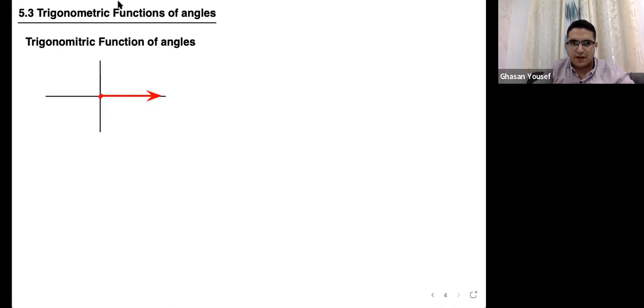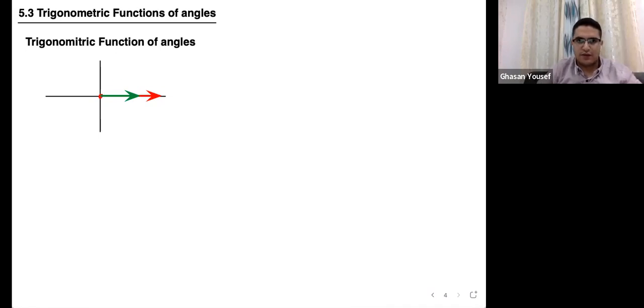So the first angle, suppose it's the 0 angle. The 0 angle should be something like this. This is the 0 angle. Again, the red one is my initial side, and the green one is my terminal side. And the vertex is 0, 0.